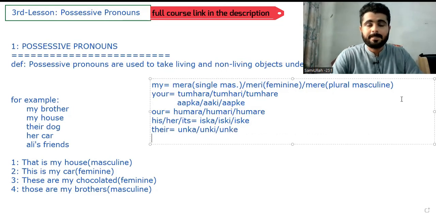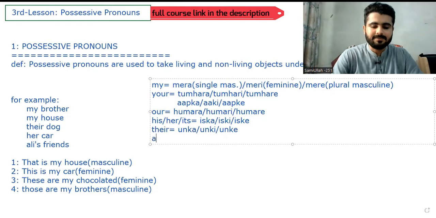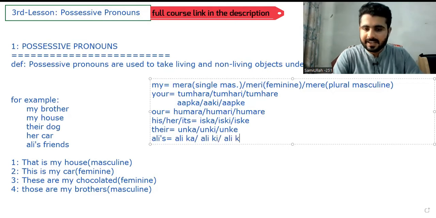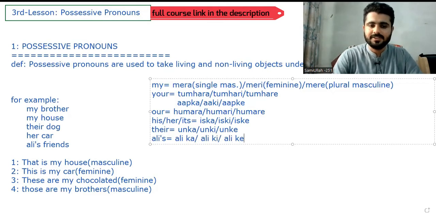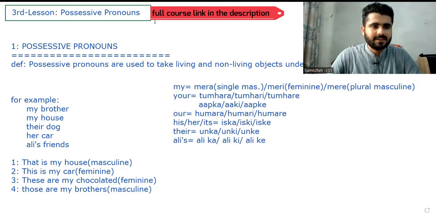What if I'm giving possession to a specific name, like Ali's? It's Ali's house. These are Ali's gifts. So always keep that specific name first, Ali, then ka for single masculine, Ali ki for feminine, Ali ke for multiple masculine. Okay, now let's convert the sentences.